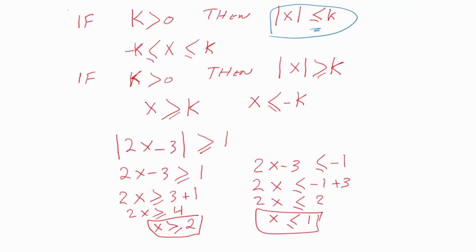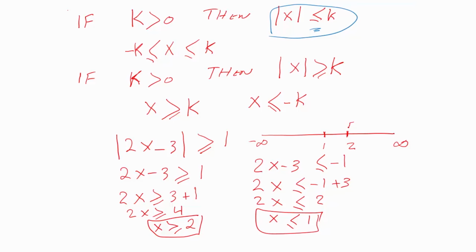So if I want to show this again on a number line, here is infinity, here is minus infinity. Let's say 1 is here and 2 is here. So one answer says x is greater than or equal to 2.